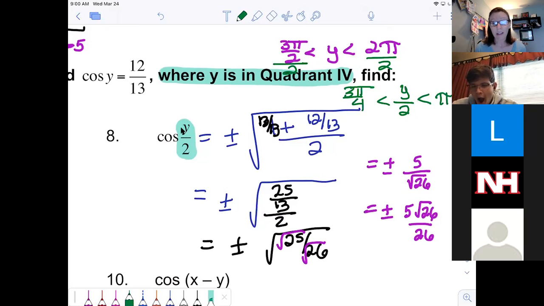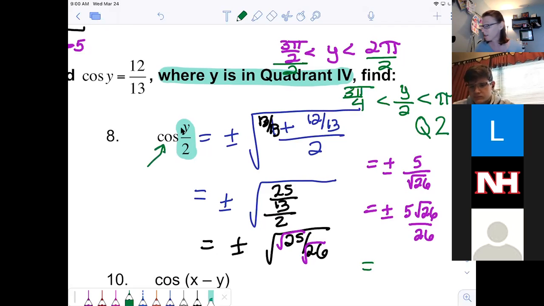So the half angle is between 3 pi over 4 and pi. Peter, where would the half angle be located? The half angle's in the second quadrant. Yeah, the half angle's in the second quadrant. So the given angle is in the fourth quadrant, but you're finding the half angle, and that's in the second quadrant. So the question was dealing with the cosine of the half angle.